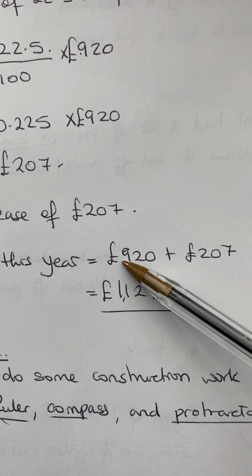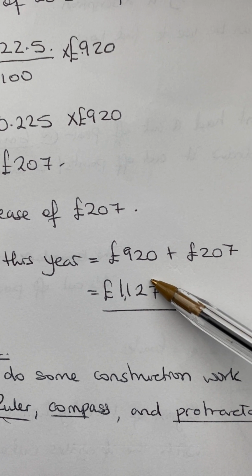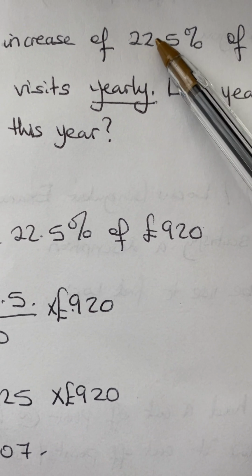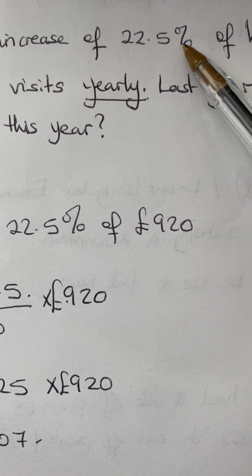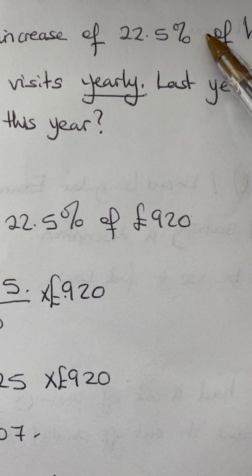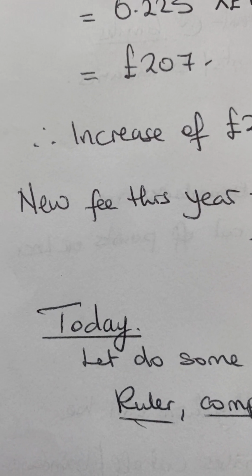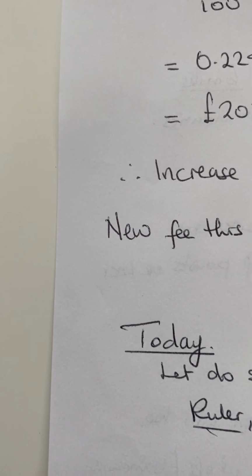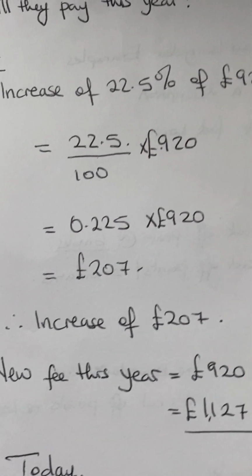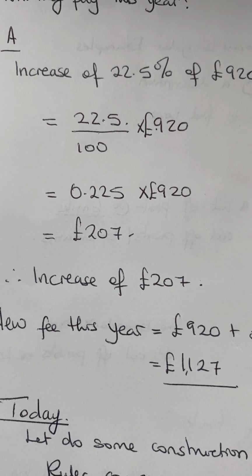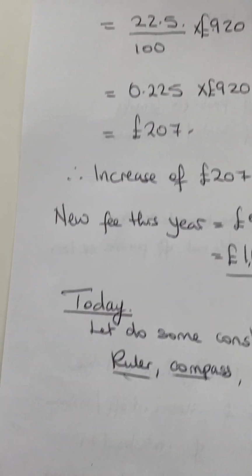So that will be the new payment that they have to pay with the fare increase of 22.5%. So this is our starter. I just thought we've done this, but I'll throw it in so that we don't forget.